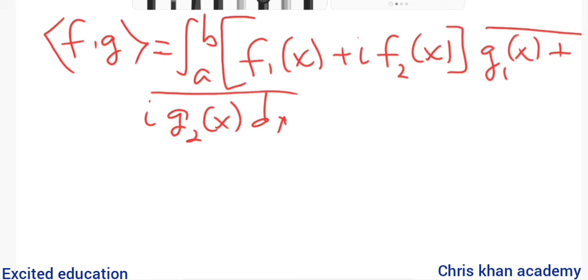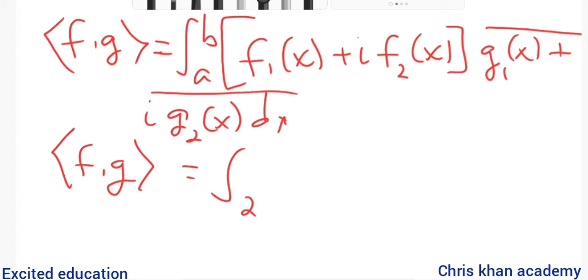That part, g1(x) plus i g2(x), is what we call the conjugate. Then a is 3, sorry, it is not 2, it is 3, and b is equal to 2 pi.